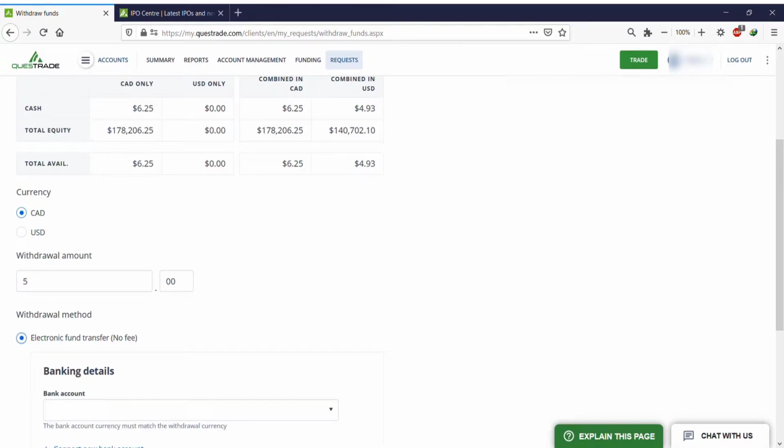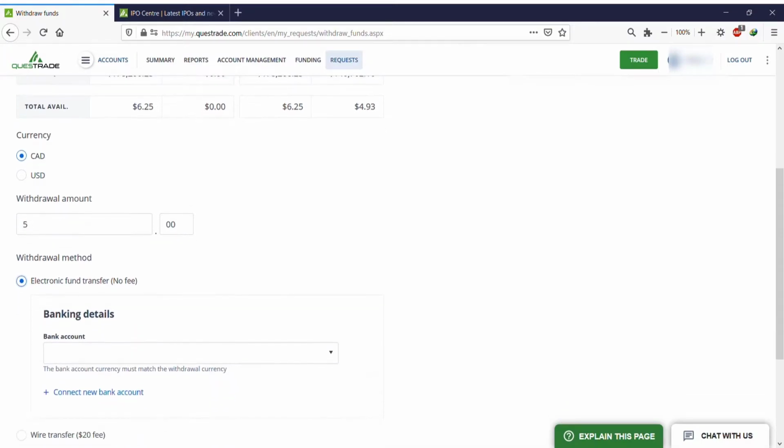So I'm going to choose electronic fund transfer, and then you can choose your bank account. Here is where I have already put my bank account, so it pre-populates. That is why, if you remember, I asked you to get your direct deposit form from your bank and upload it in the Upload Center, so that later when you want to withdraw money, it is easier.